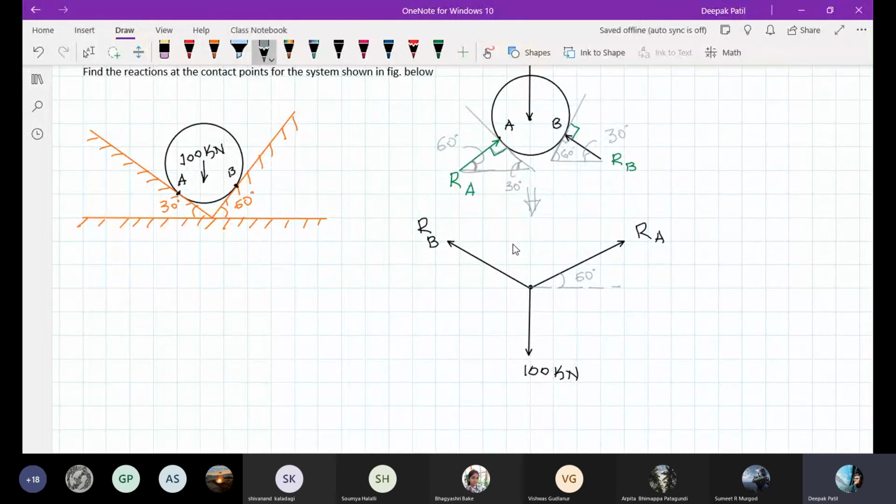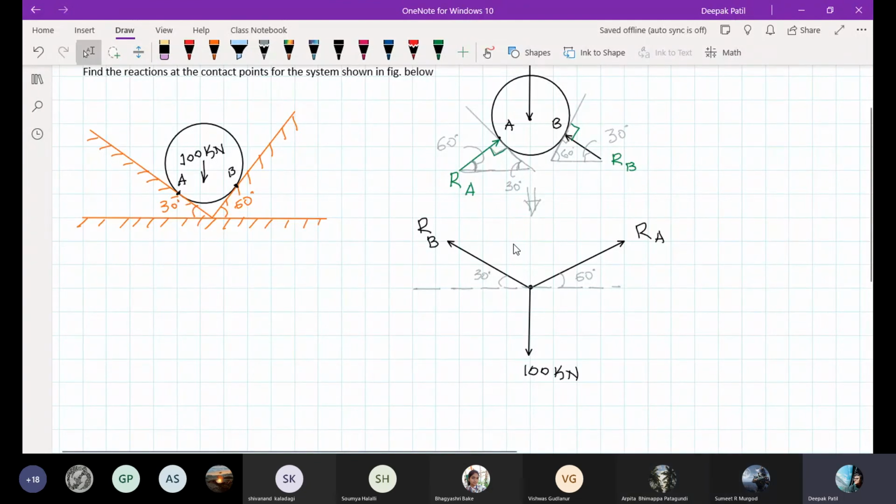It means the angle made by RB with respect to horizontal is 30 degrees. Have you understood how I calculated these two angles? Yes, sir.